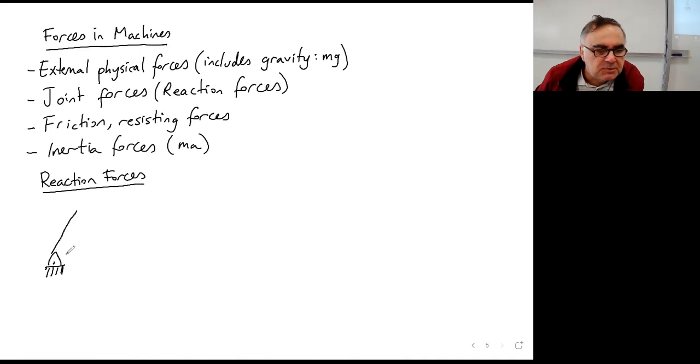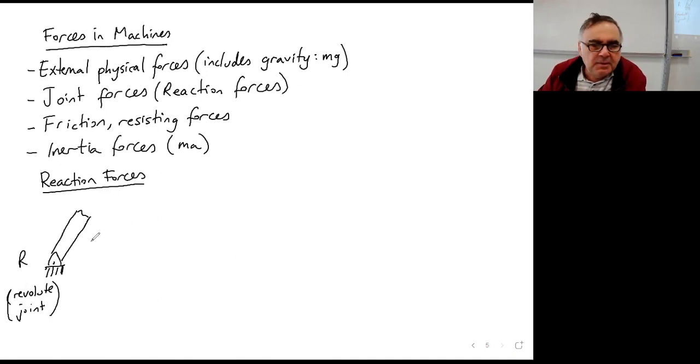And to this joint, you connect a member. Okay, so this is an R joint. Now, you replace this revolute joint. By the way, we assume that there is no friction on the joint.